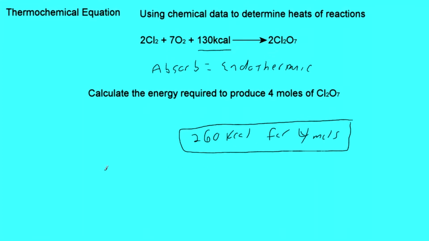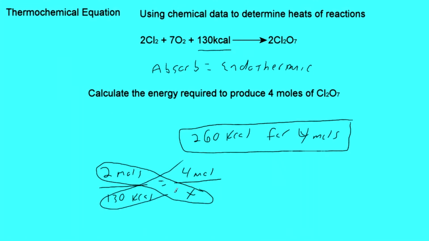So one way to do this is if you have 2 moles required 130 kcals, how many would 4 moles require? You could do it this way too when it's not so obvious that you're just doubling it. This is going to be an equal sign because this is just a ratio. So we could do this math here just to see how it works out. This is going to be crisscross math.